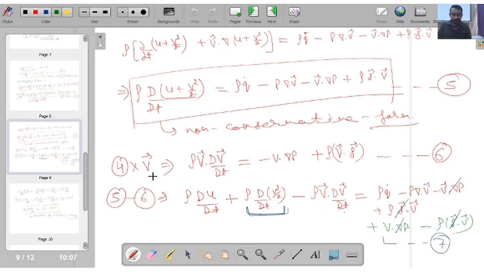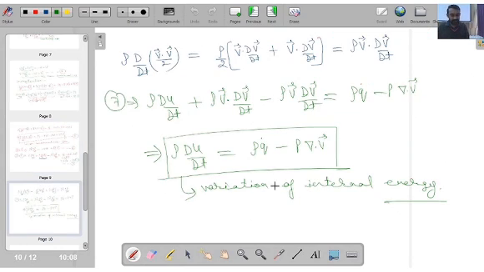Now what we have done with some manipulations: our momentum equation is a mechanical thing, force equals mass into acceleration. That mechanical macroscopic component we multiplied with the v vector, so it became mechanical work. When we removed that macroscopic work, we got an equation for the internal energy.